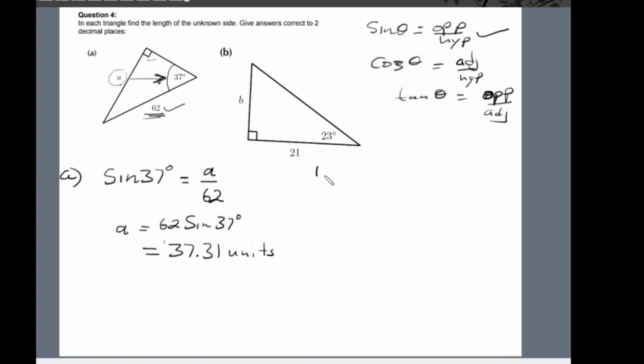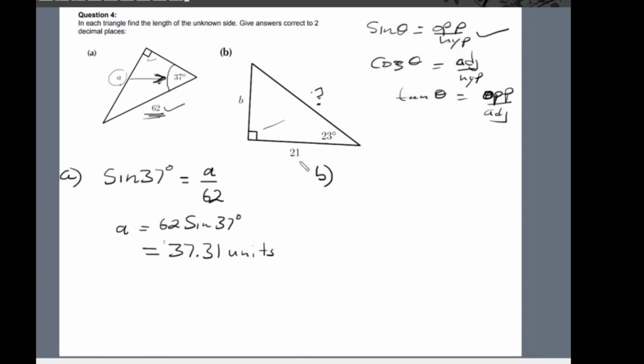Right? And then question B, we want to find this side, which is equals to b units. They want the actual value of b, right? So again we have a right angled triangle, and the hypotenuse is this side opposite to the right angle. We are not given the hypotenuse, right?